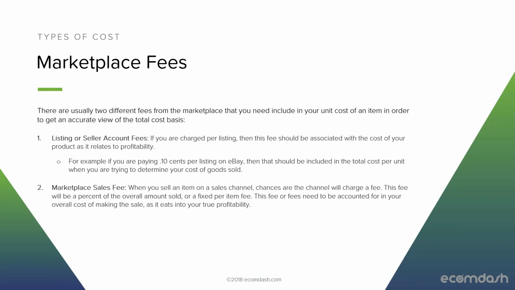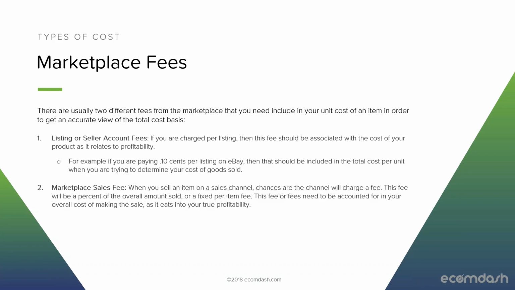Using the example we had previously, where you purchased 1,000 items at $1 per item and you're going to list 1,000 of those, you do want to keep in mind that 10 cents is now part of the cost for each of those 1,000 items to get out there. Sometimes there are limitations as well, and to break through them, there may be additional fees.